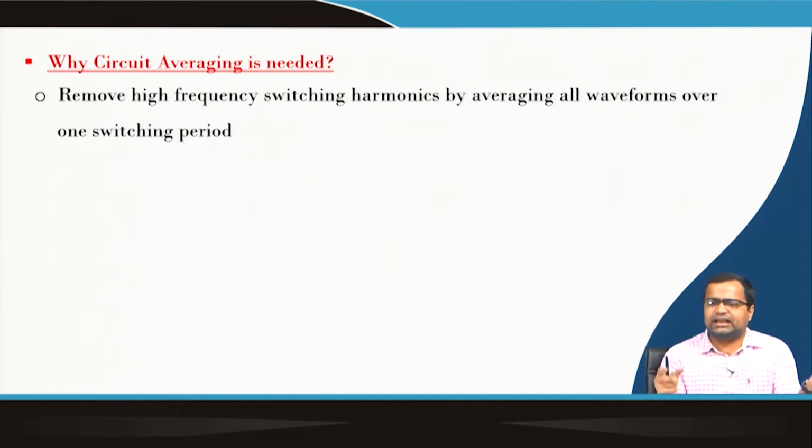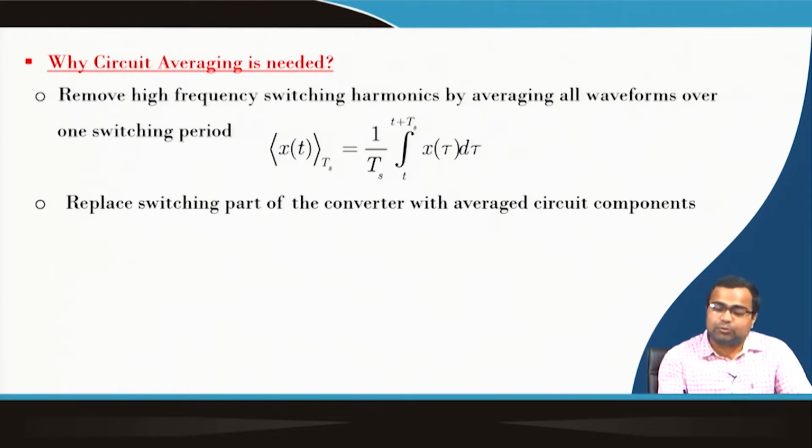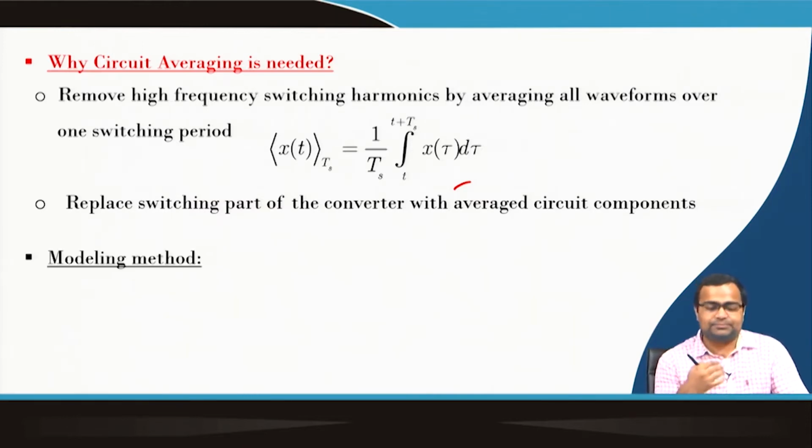If we take a generalized averaging technique we can also incorporate the harmonic information, but here we are talking about the standard or traditional averaging technique, where we eliminate the harmonic information and take only the average dynamics of the dynamical equation, by averaging over a switching period. That means this model, as I said, is valid only up to half of the switching frequency. Then we will replace the switching part of the converter with its average quantity.